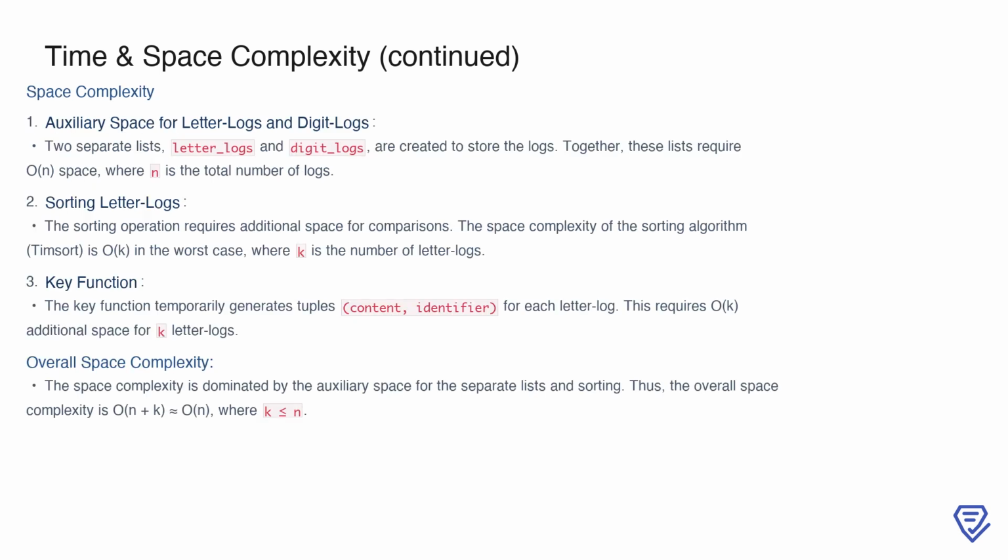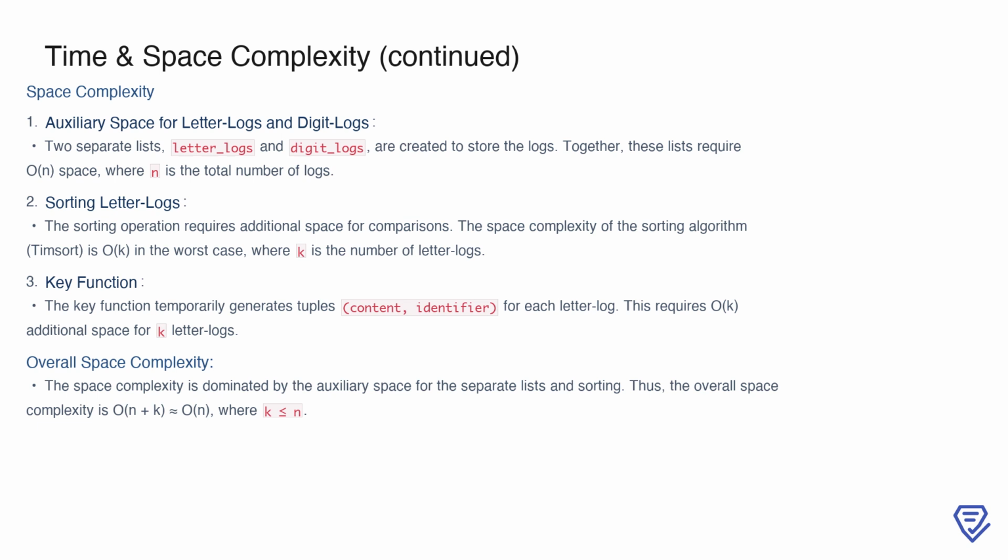Now let's evaluate the space complexity, starting with the auxiliary space used for separating the logs. The solution creates two separate lists, letter_logs and digit_logs, to store the respective types of logs. Together, these lists require O(n) space, where n is the total number of logs. Next, the sorting of letter_logs requires additional space for comparisons.